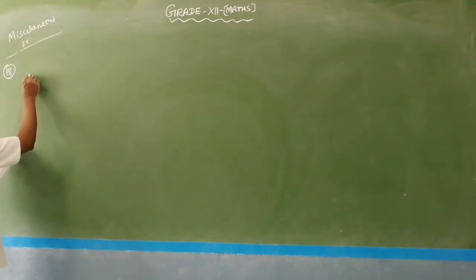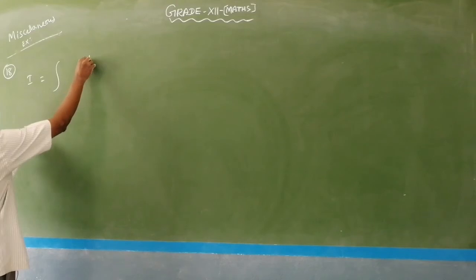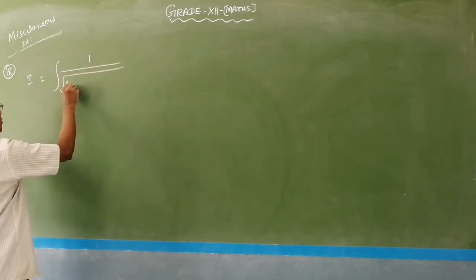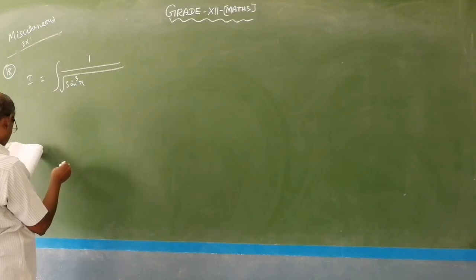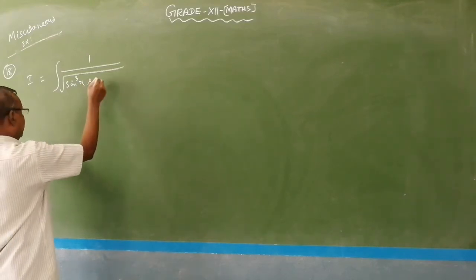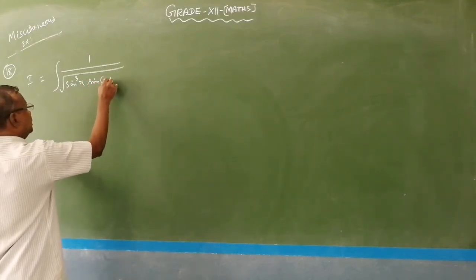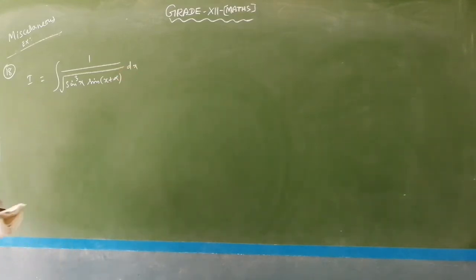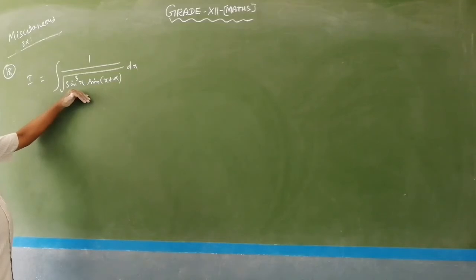We are given I equal to the integral of 1 by root of sin cube x into sin of x plus alpha into dx. So we have to bring it into the standard form.